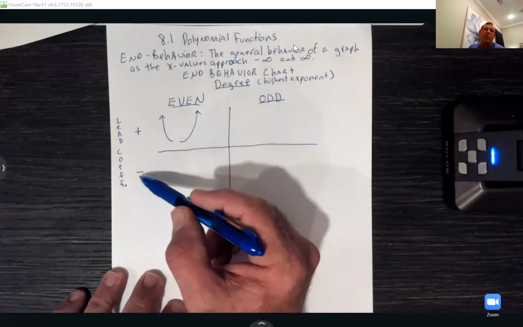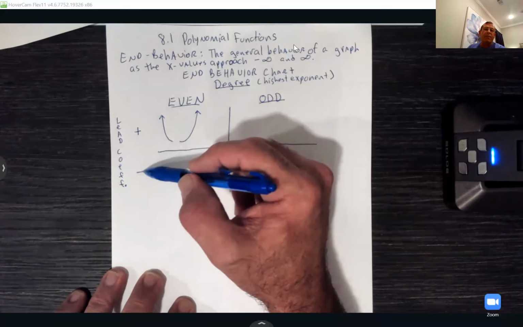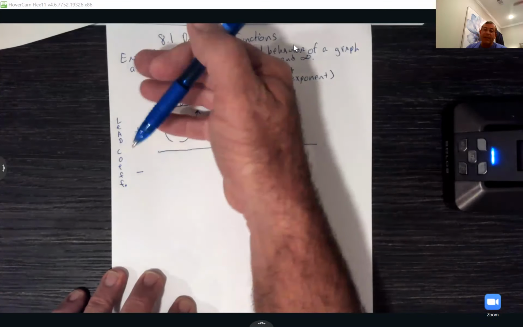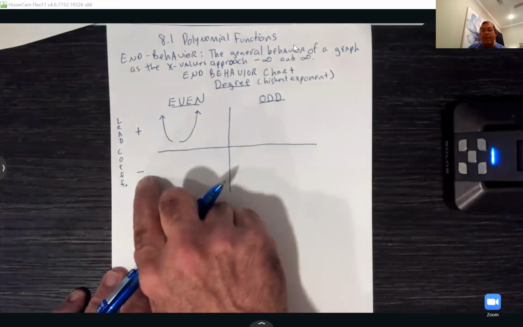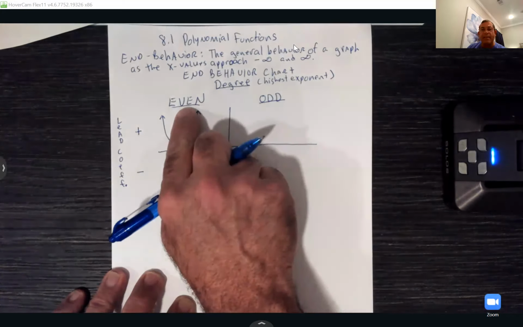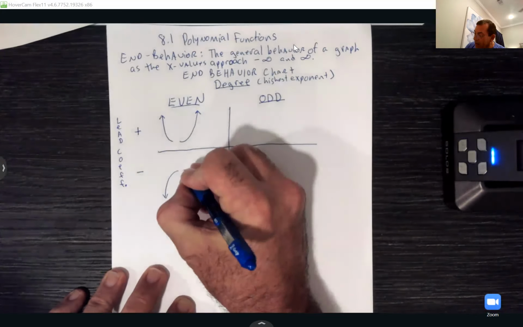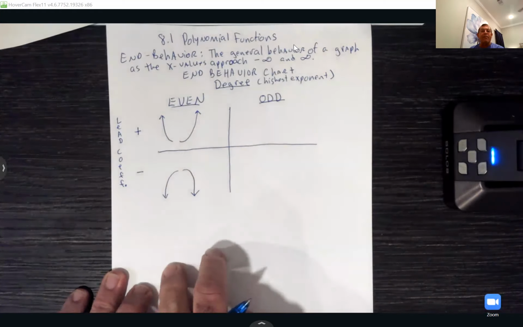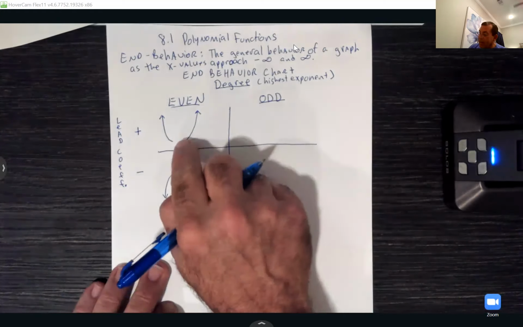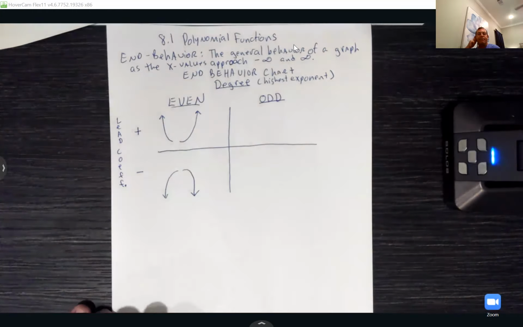And when we were doing our transformations, if the lead coefficient was negative, that sort of flipped our graph over the x-axis. So if that lead coefficient is negative and it's an even degree, both ends of that graph will head towards negative infinity. So notice as my x's get larger, my graph heads towards those infinities, okay?